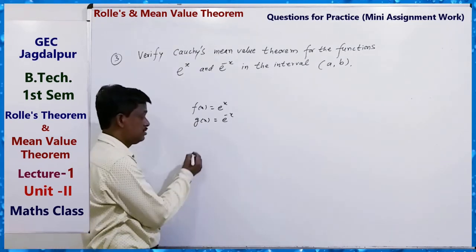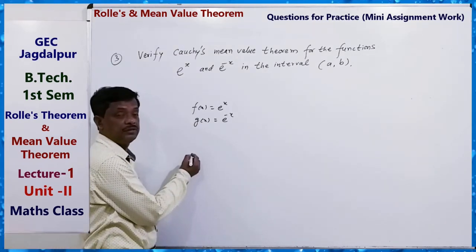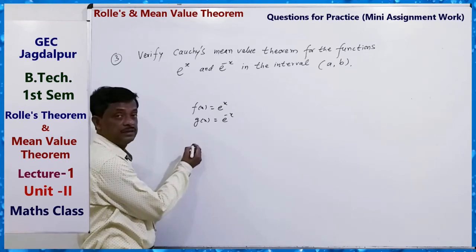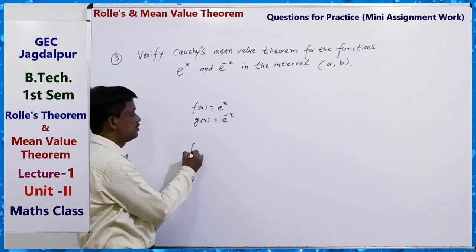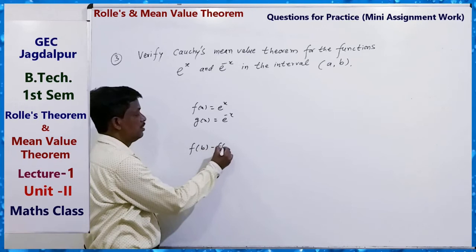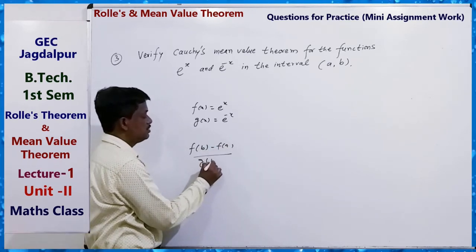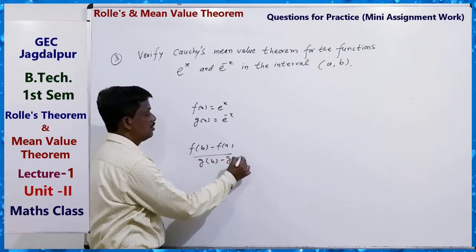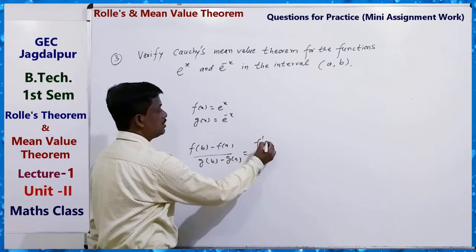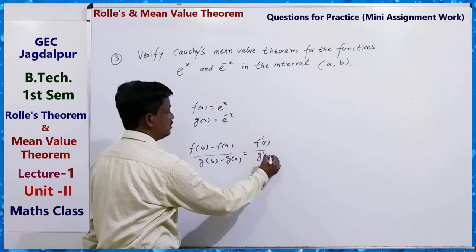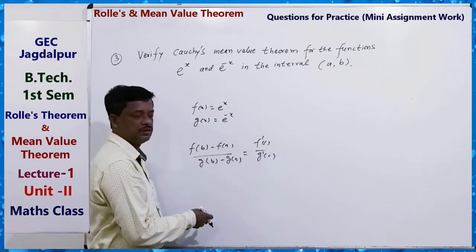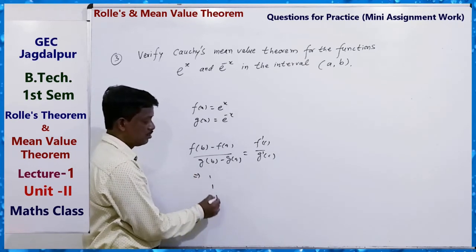For finding that c, how? Just use (f(b) minus f(a)) upon (g(b) minus g(a)) equals f dash c upon g dash c. Find all the values and put them here and just solve.